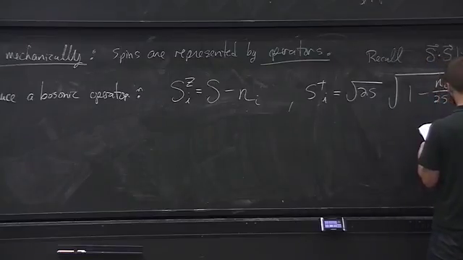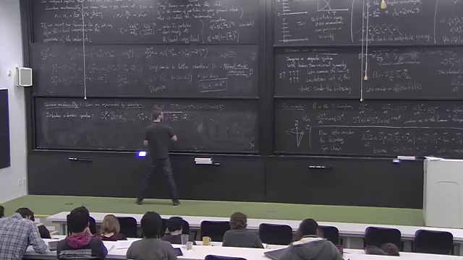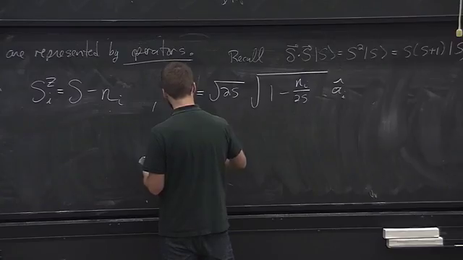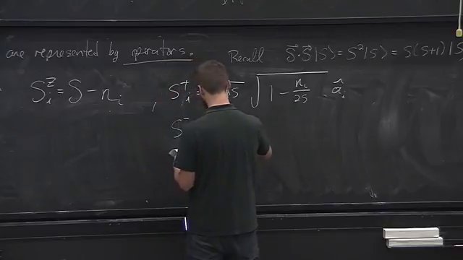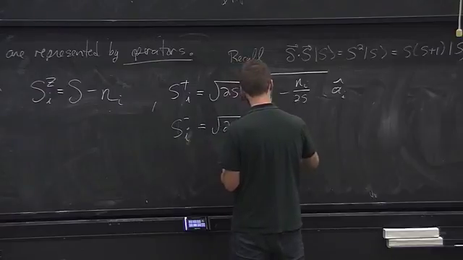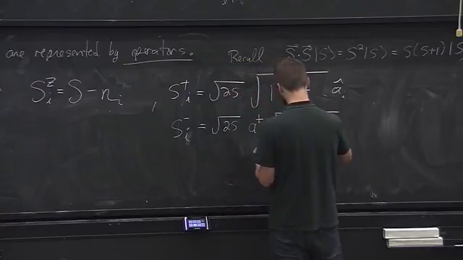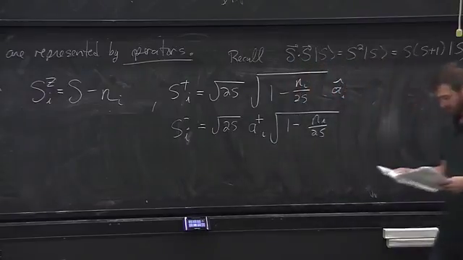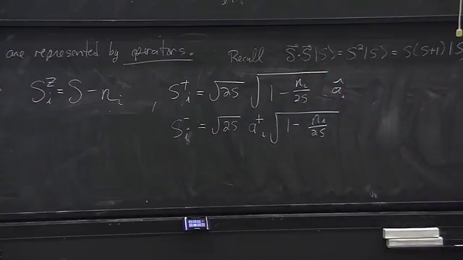There's my A. I'll write a hat now so I don't confuse it with an expectation value. And then I have an S minus A dagger I. Okay, so is that correct?